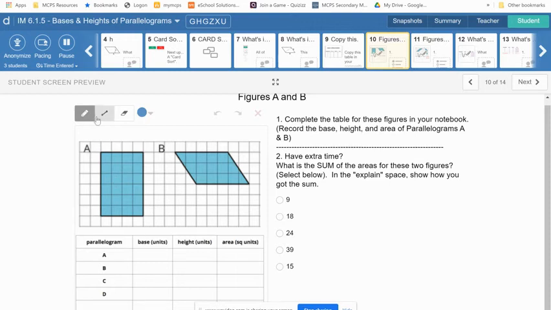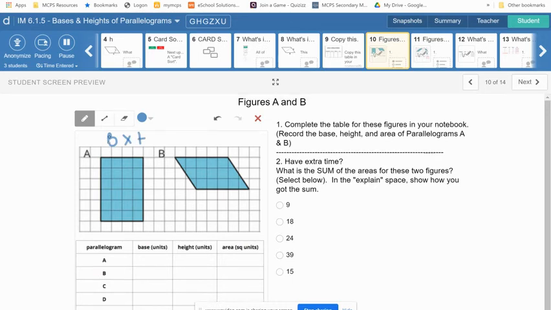Okay, so I noticed that the formula for area is base times height equals A, right? So my base, if that's my base here, my base is going to be 1, 2, 3, 4.